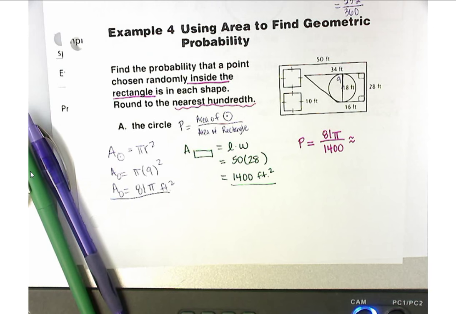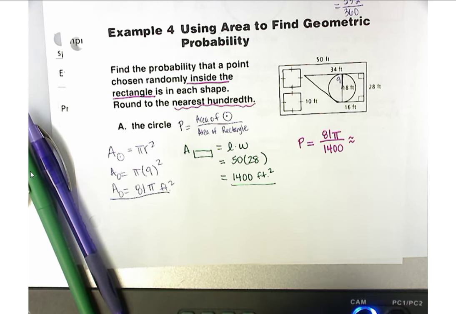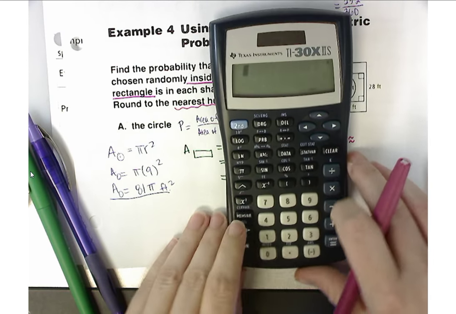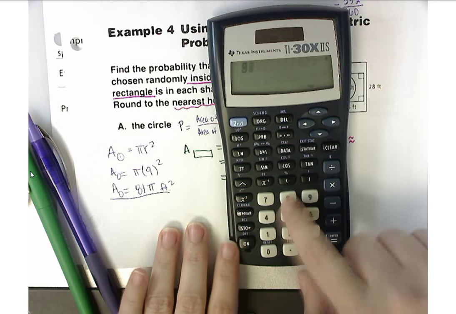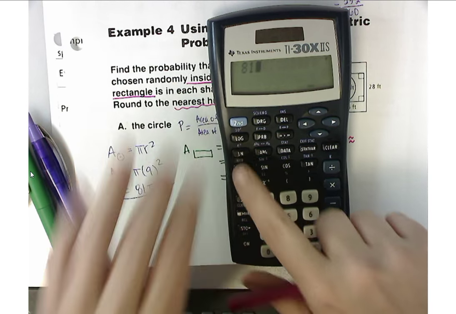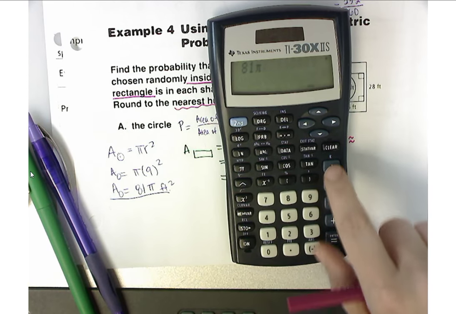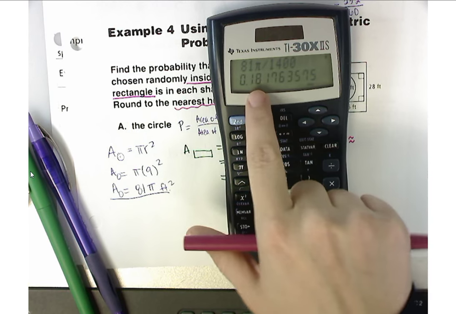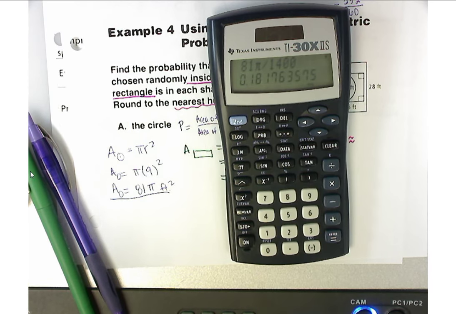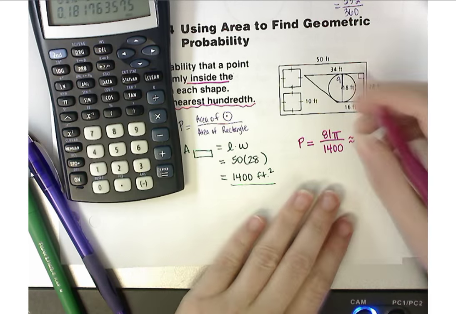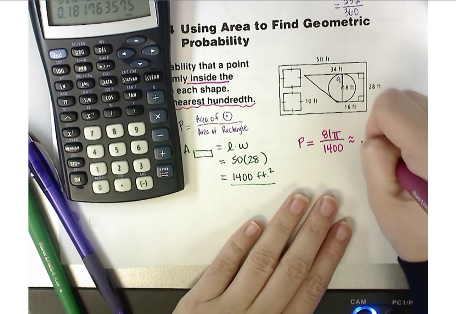Whenever you're using pi, make sure you're using the pi button. So I'm going to show you how to do it on my scientific calculator. I have 81 times pi divided by 1,400. Okay, and I have 0.181. All you have to look at is that 1, which lets you know you're going to keep that as 0.18.